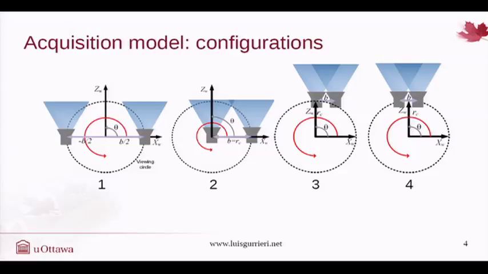The second one is basically shifting this and starting to rotate the cameras around the center. One of the papers from 1998 could basically be modeled with this configuration. The other configuration is displacing this by a radial distance RC from the center.